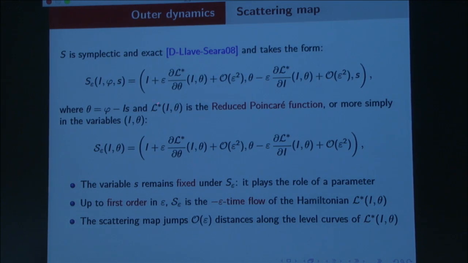So it will be very important to compute this strange, for the moment, function called the reduced Poincare function, because for any of these reduced Poincare functions, we will have a scattering map. To study the orbits under the scattering map, as this will be a Hamiltonian of 1 degree of freedom that will be integrable, because the Hamiltonian will be the first integral, we only have to draw, in this case, the level curves of this function, and this will tell us which trajectories are followed by the scattering map.